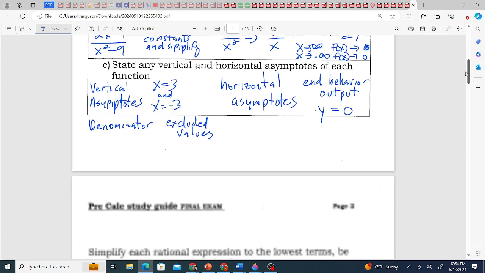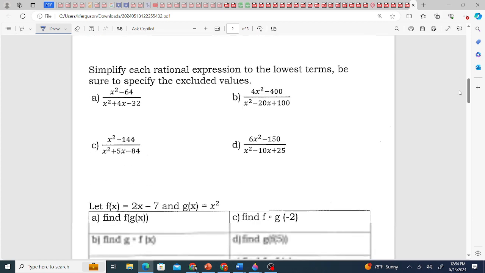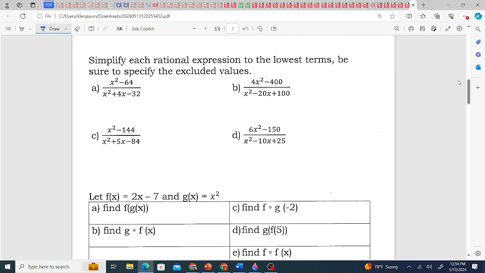All right, let's see if we can do something else. Simplify. Simplify is just a matter of being able to factor stuff. If I look at A, the top part, what would I call that? We said it earlier.